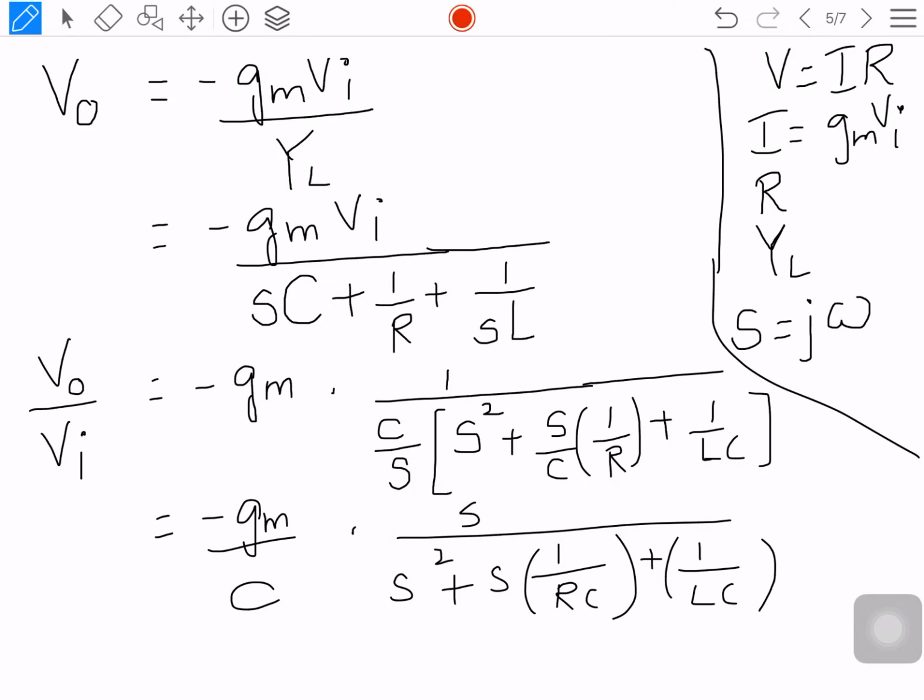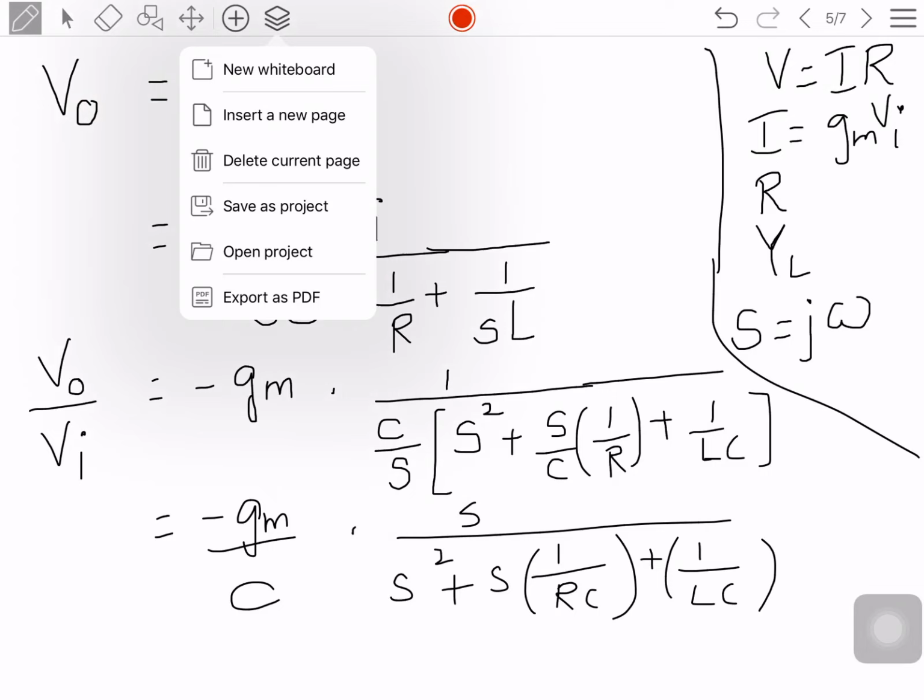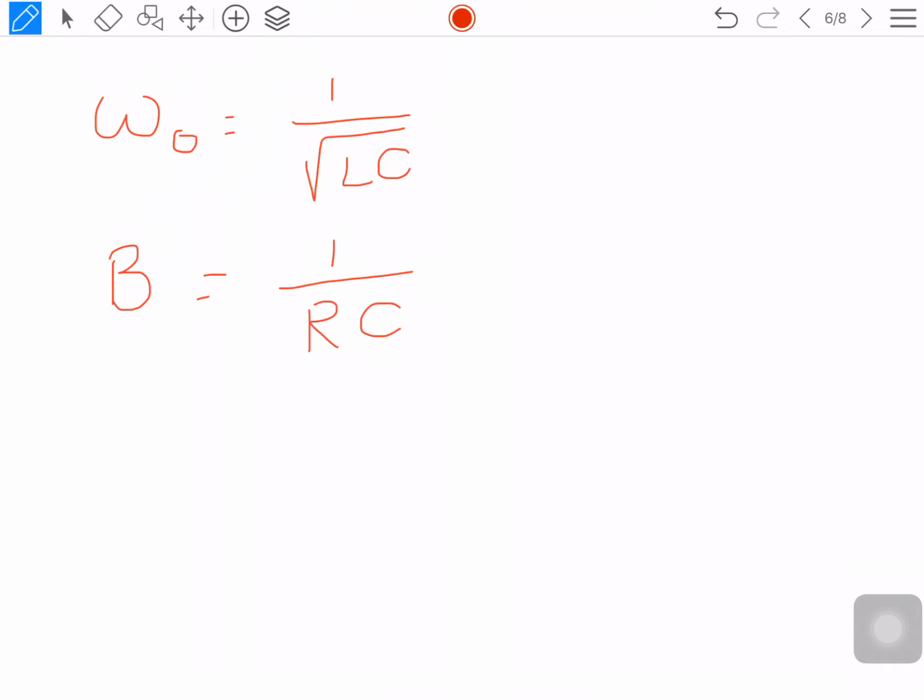Thus the tuned amplifier is having a center frequency of omega naught equal to 1 by root LC, and 3 dB bandwidth given as 1 by RC, and quality factor Q given as omega naught by bandwidth, nothing but omega naught into RC.